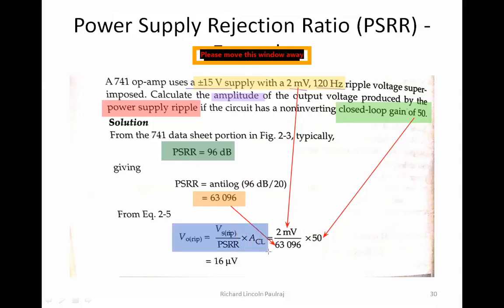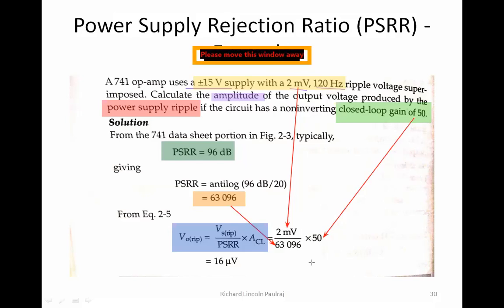Calculate and tell me if we are getting about 16 microvolts. The other way of solving this is that you can take 63096 and take its inverse, multiply with 2 milli, and that answer you can again multiply with 50. So are we getting that value?